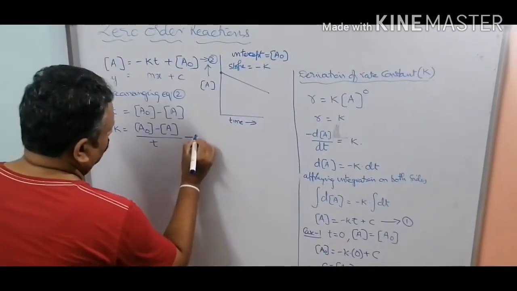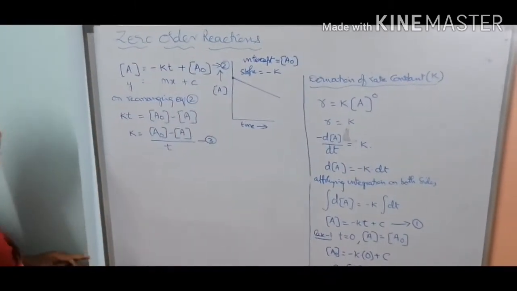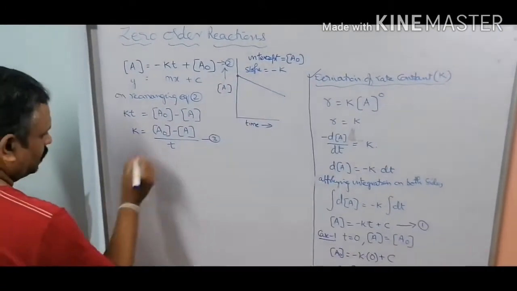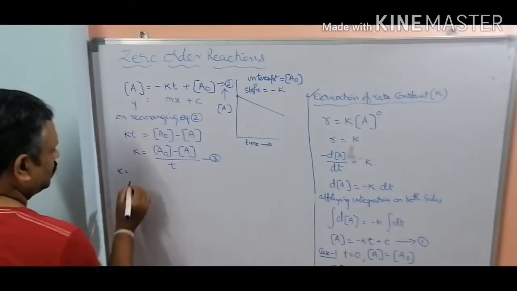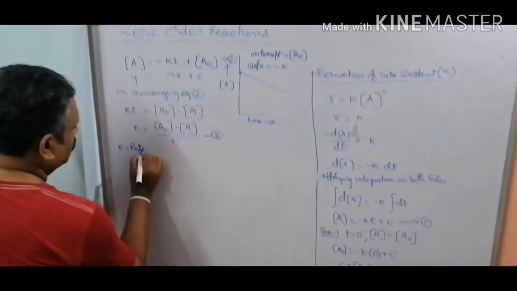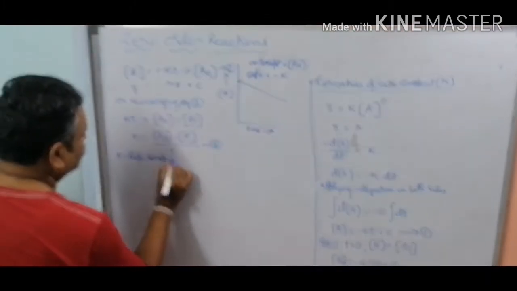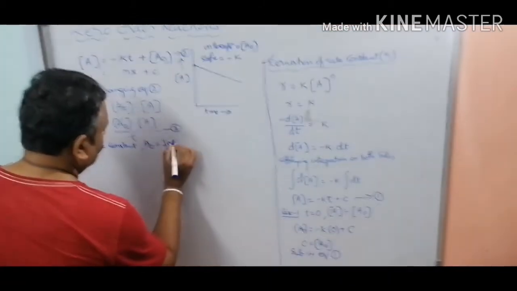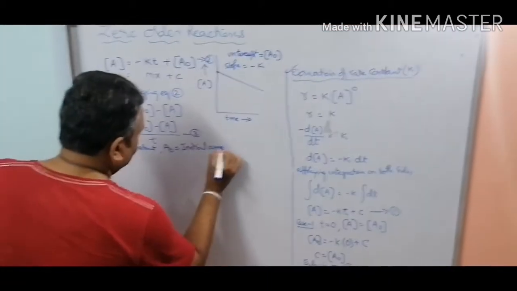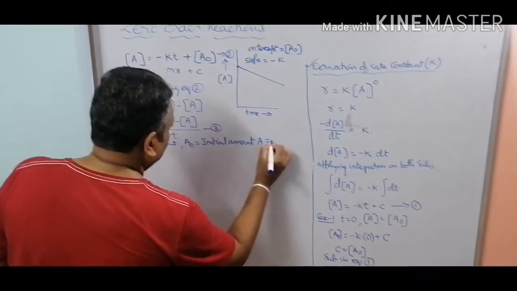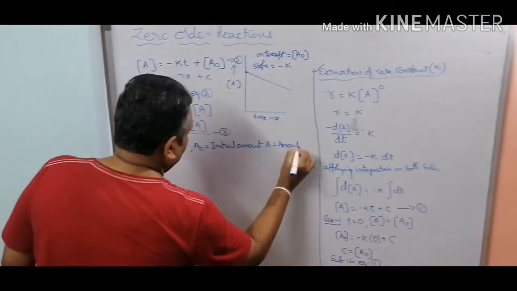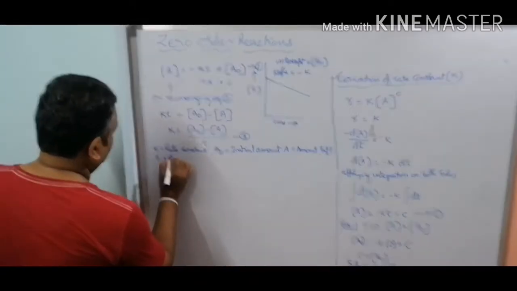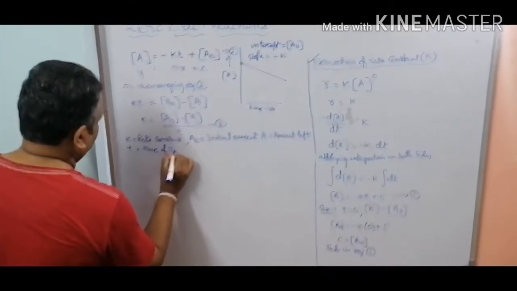This is equation 3, the rate constant formula for zero order reactions. In this, what is k? k is the rate constant. [A] naught is the initial amount. [A] is the amount left on the reactant side, and t is the time of reaction.